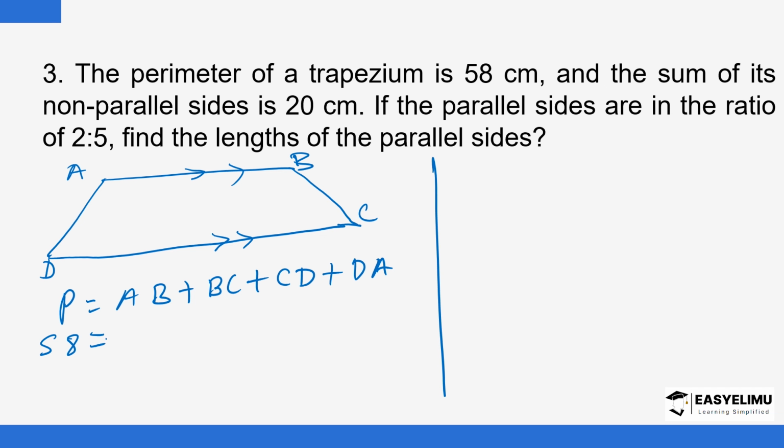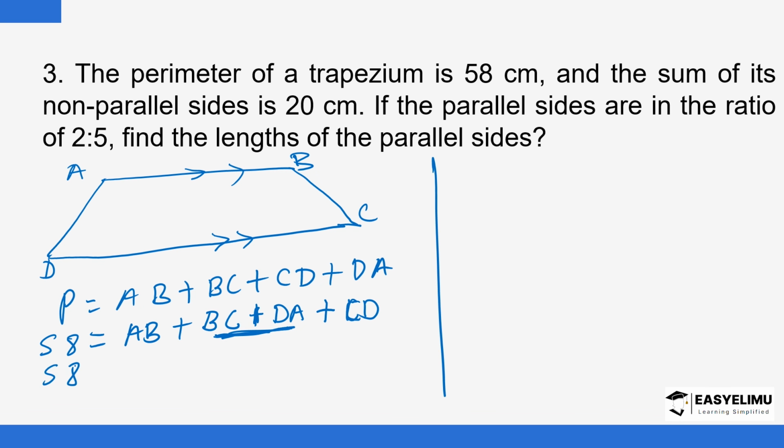So this is equal to AB plus BC, the non-parallel sides, added to DA, because we have been told the sum of the two non-parallel sides, BC and DA. And then you add this to DC or CD.